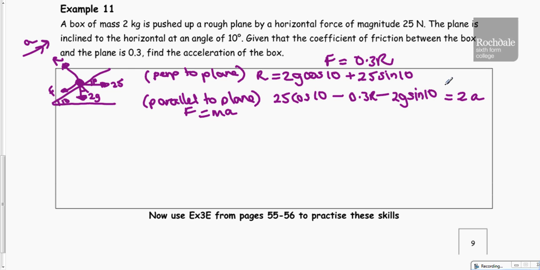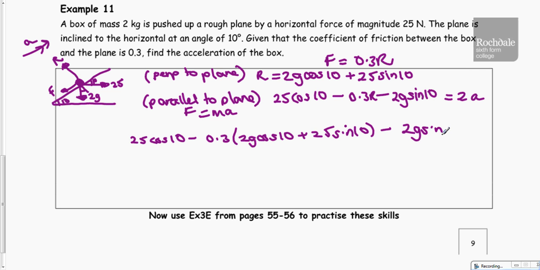Okay, so what we can do now is 25 cos 10 minus 0.3 R. Now we know R from the first line from here. 25 sine 10 minus 2g sine 10 equals 2a.